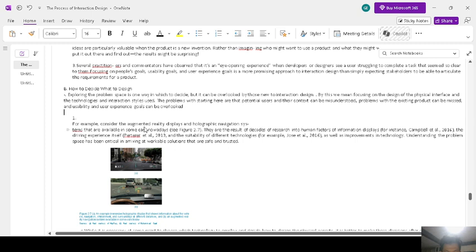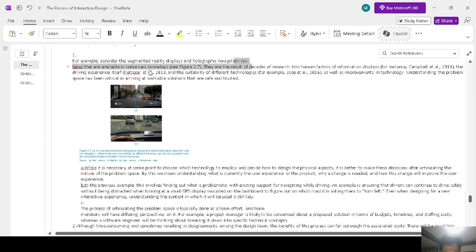For example, consider the augmented reality displays and holographic navigation systems that are available in use by users. They are the result of decades of research into human factors information displays. For instance, the driving experience itself in 2013 and the suitability of different technologies.